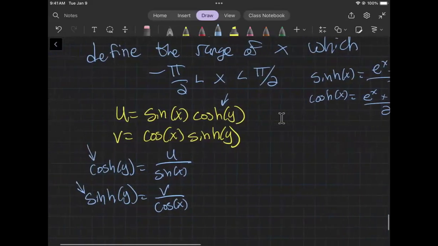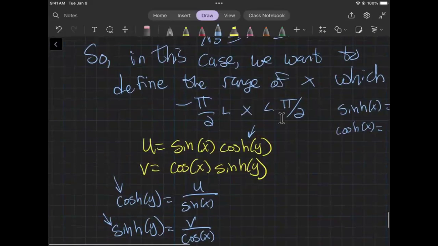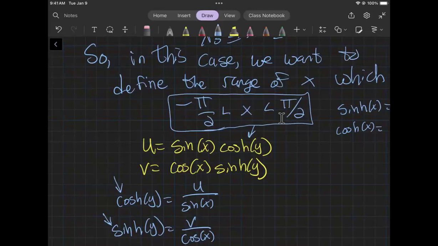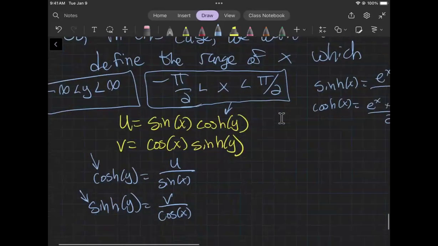So we want our range for x to be in this restriction, but y can be any real number on the real number line.